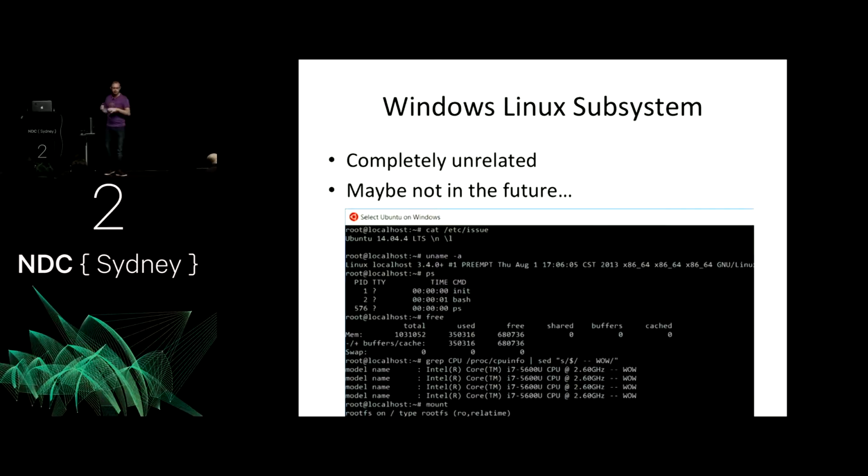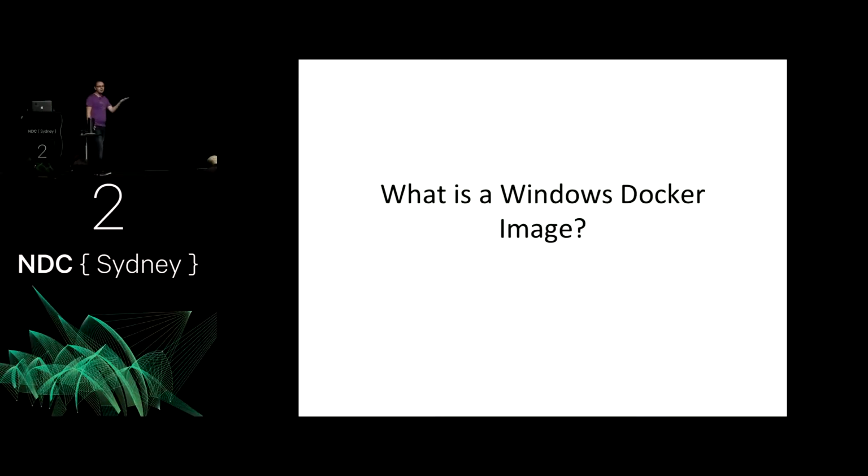This all works inside the kernel, and the Windows kernel team have been trying to get this working for a very, very long time. It's only recently that they've made the research breakthroughs they needed to get it in. And I think the advantage of Docker being around has made it jump a few priority lists in Microsoft's schedule. So what is a Windows Docker image, and how do you actually build and run these Docker images?